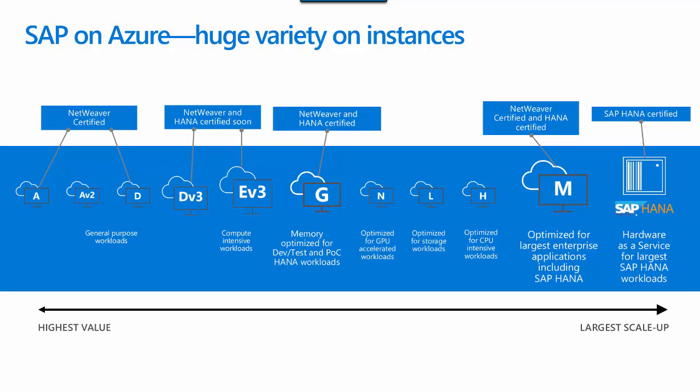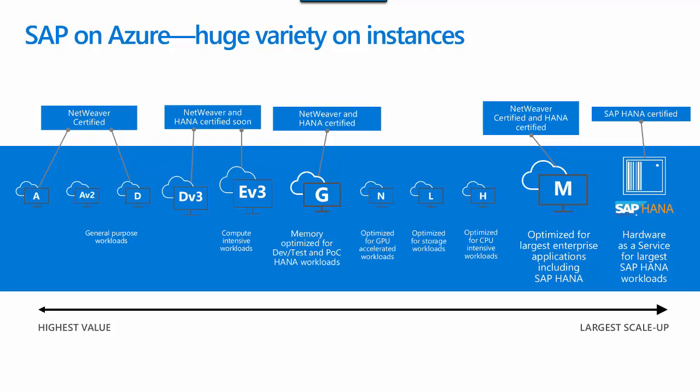In terms of compute engines and scalability range, we do have a number of virtual machine families that you can choose from. Those labeled NetWeaver certified, NetWeaver HANA certified, etc. are the VM families that we go through testing and certify with SAP so that you would get support for production workload.